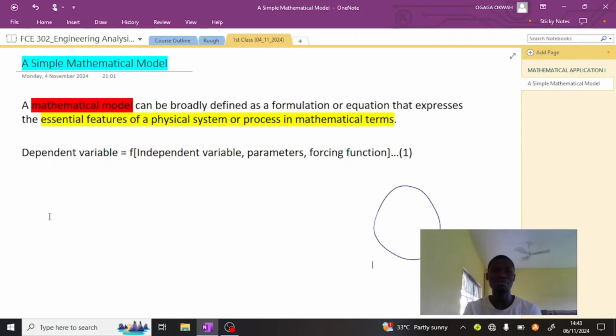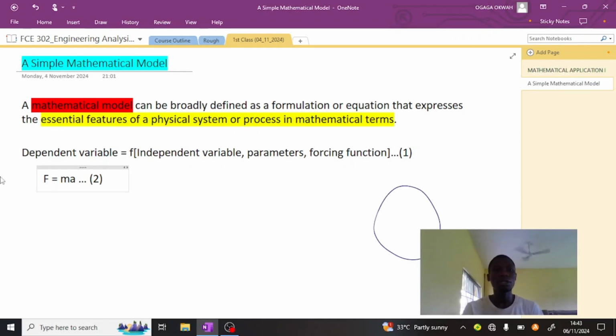Let me put out a formula that was given in class, very common, which we can use to give an example. Of course, we all know this is Newton's second law of motion, which is net force equals mass times acceleration. What I just said is the mathematical expression of it.